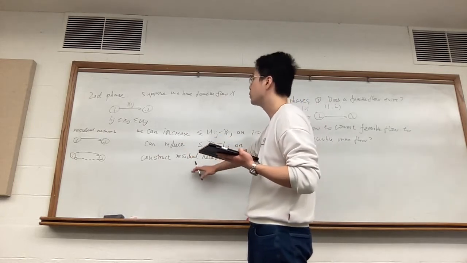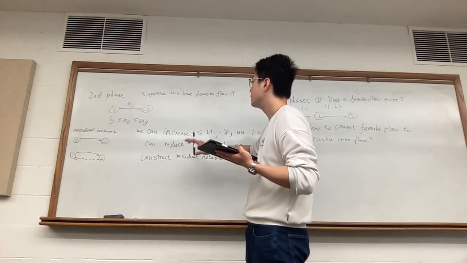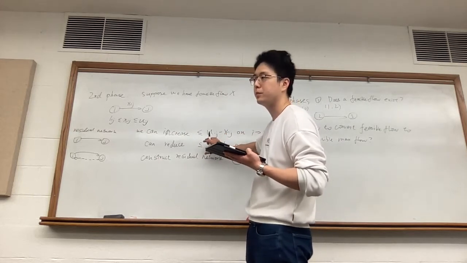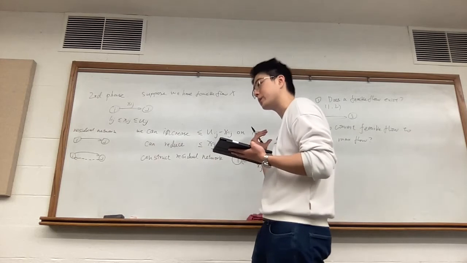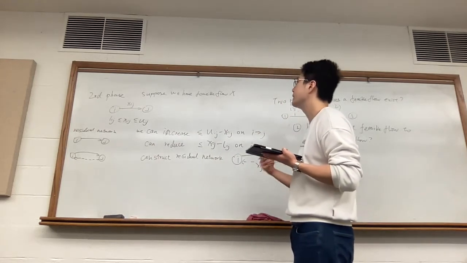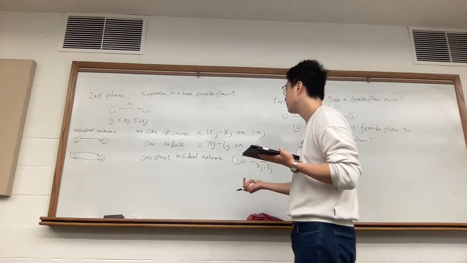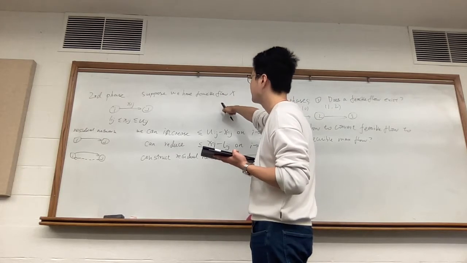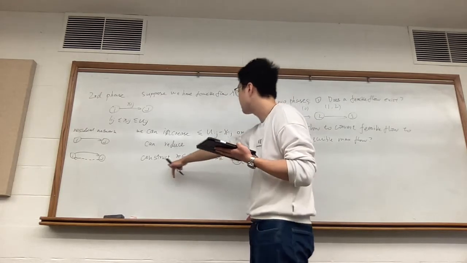So this is equivalent to, in a max flow algorithm, you are given an intermediate step and you need to continue to get the final result. So this is the way to convert a feasible flow to a max flow. So let me complete it.